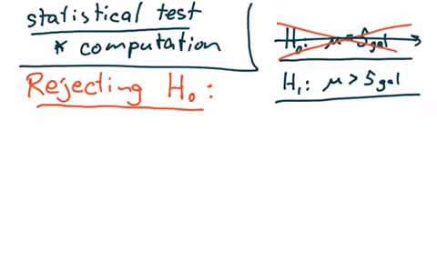Okay? So I have not proved that the alternative or research hypothesis is absolutely true. What we're determining with a statistical test is whether there's any evidence that contributes to my claim.